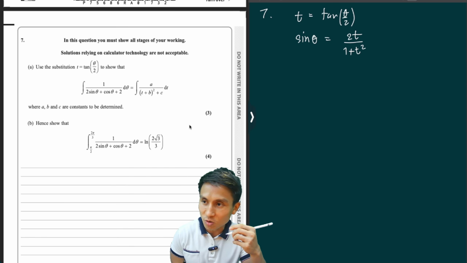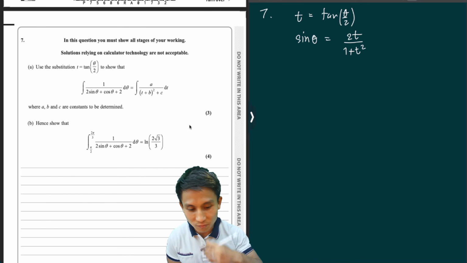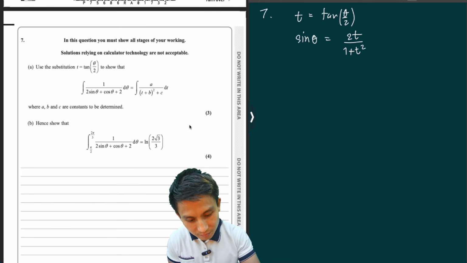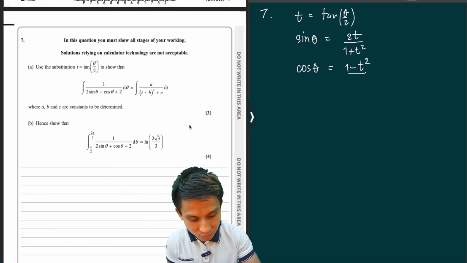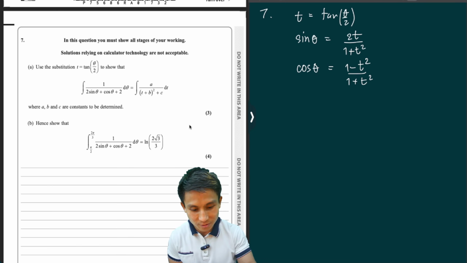We can quote this formula without having to prove it. Actually, you can prove it using a right angle triangle and the double angle formula. And then cos theta would be 1 minus t squared over 1 plus t squared. And that's it, so part A here.